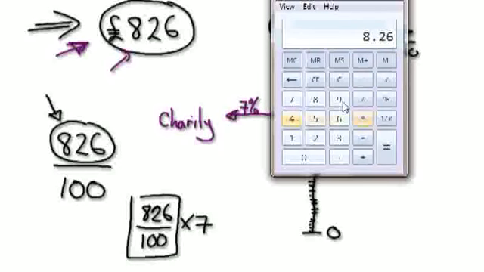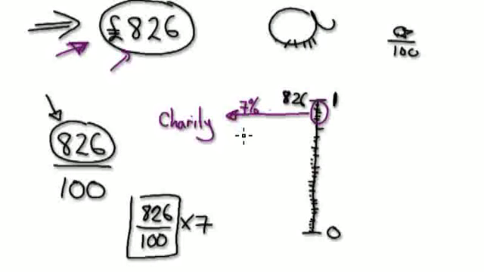You're giving 7 pieces to charity, so you're giving 7% to charity. So you times by 7 equals 57.82. So 7% of your mini lottery win is 57.82 pounds.